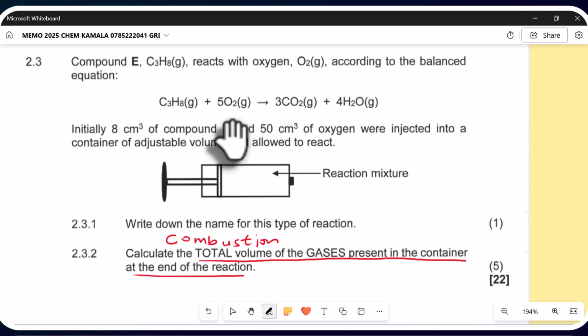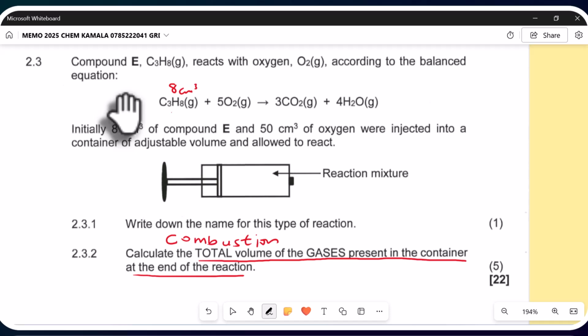From the mole ratio, 1 mole of propane reacts with 5 moles of oxygen. So if we've got 8 cubic centimeters of propane, what is 8 times 5? You get 40. So I only need 40 cubic centimeters of oxygen.